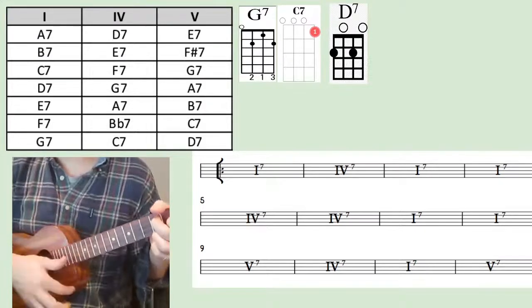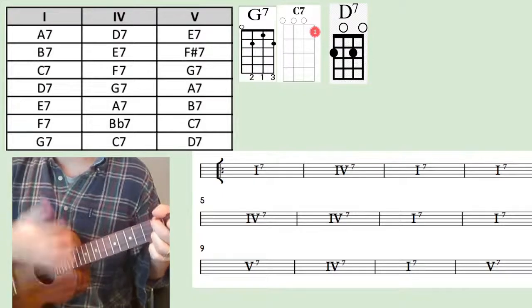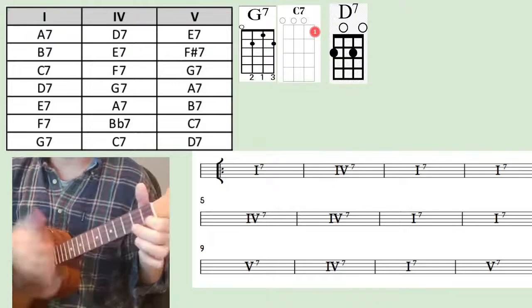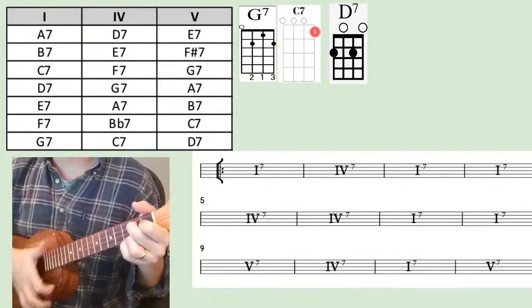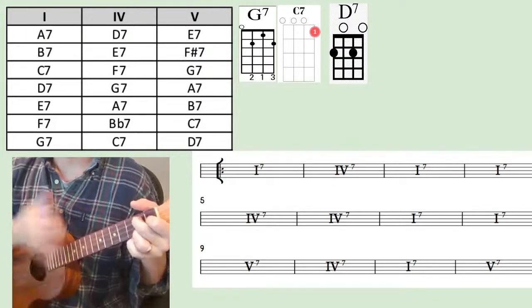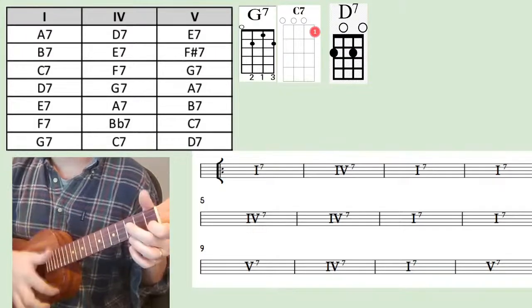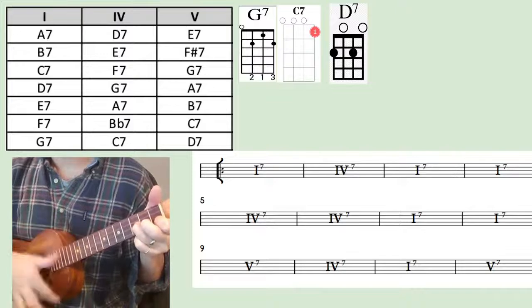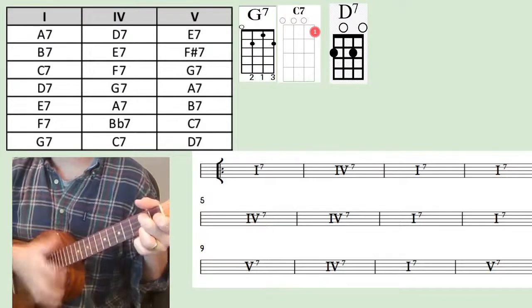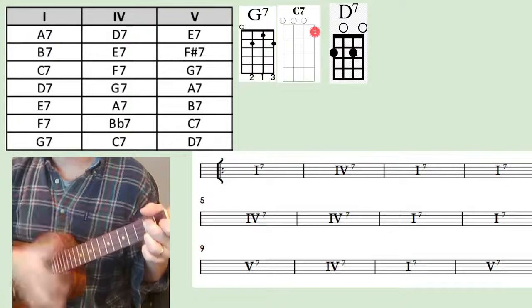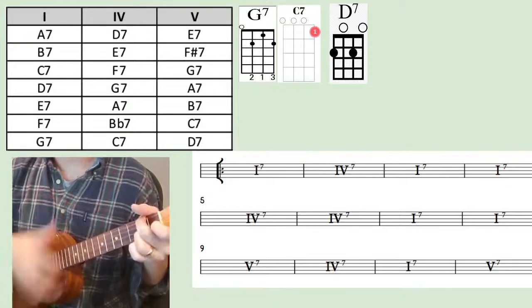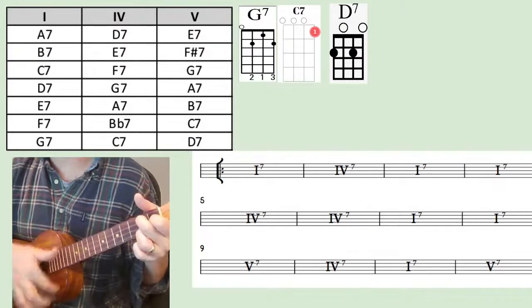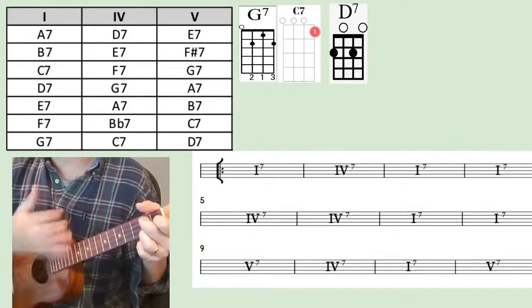Turn it around with a D7. Back to the top, G7, C7, G7, C7, G7. Here comes D7. Now C7 and G7. Turn it around on the D7.